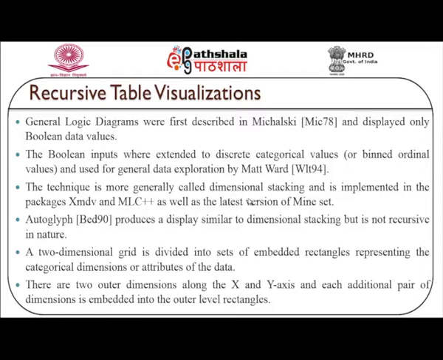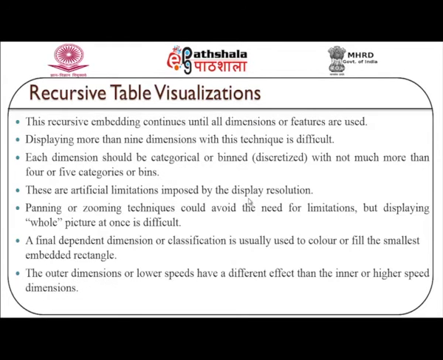A 2-dimensional grid usually is divided into a set of embedded rectangles, which represent the categorical dimensions or attributes of the data. There are 2 outer dimensions along the x and y axis, and each additional pair of dimensions is embedded into the outer level rectangles.